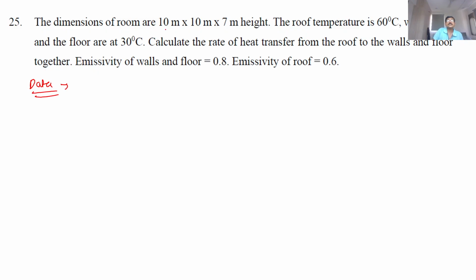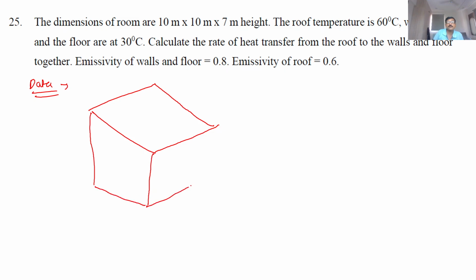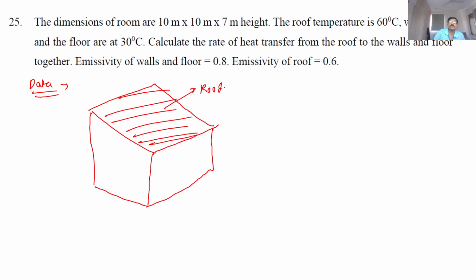Okay, dimensions of the room are 10 by 10 by 7 meter height. So I will draw a room. Room has 6 faces, na? Roof, floor and 4 walls. Okay, so this one is what? Roof. This is roof. And what are the dimensions? 10 meter by 10 meter.